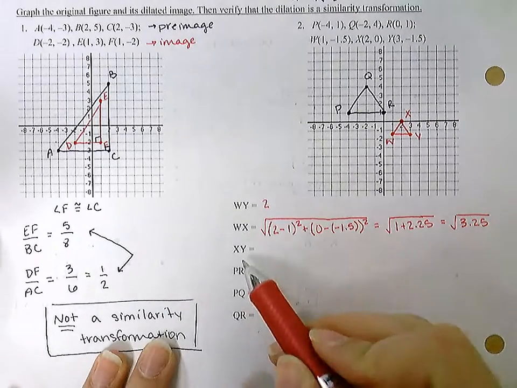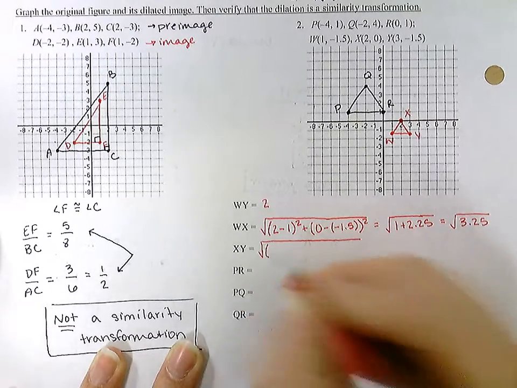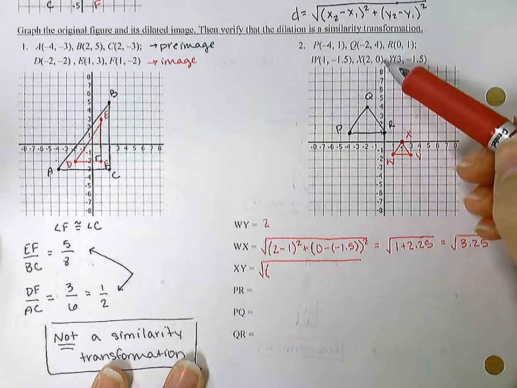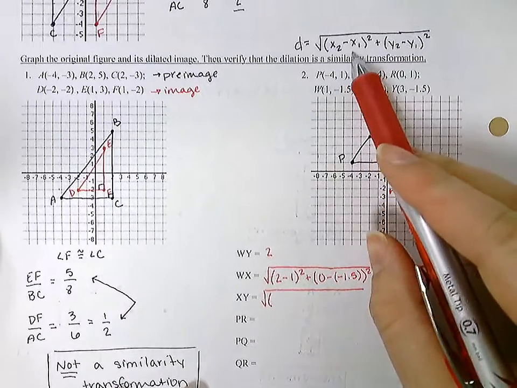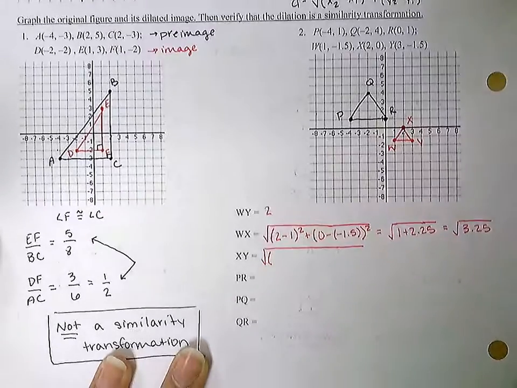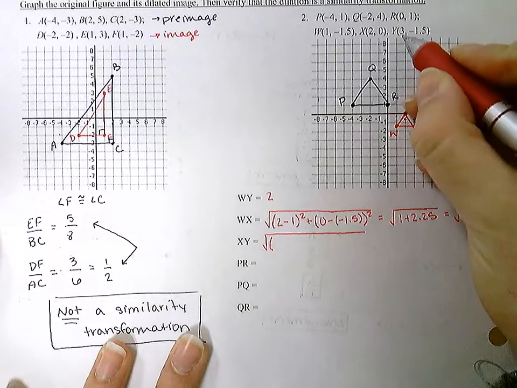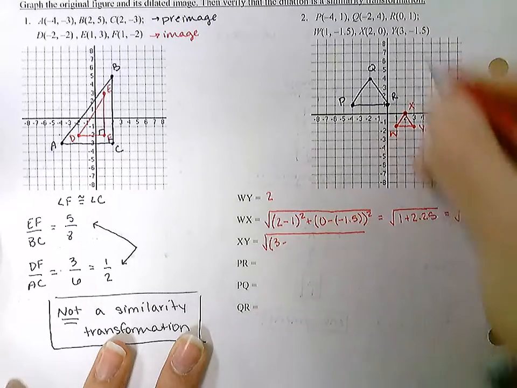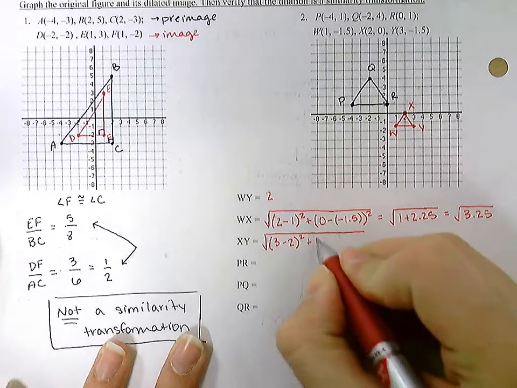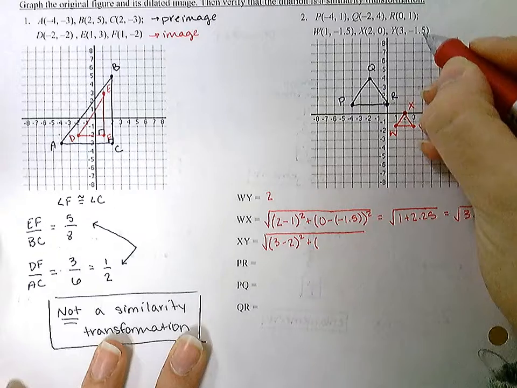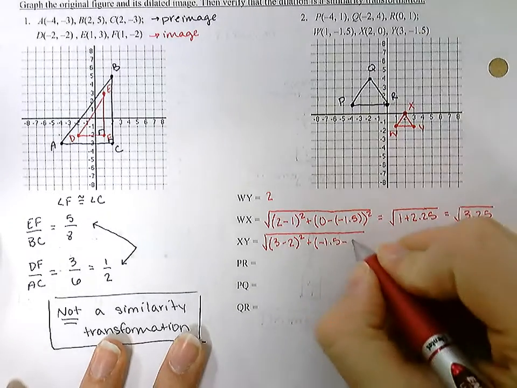Okay, we need to do the same thing with XY. So we have the square root, and this time I'm taking points X and point Y from above. Again, just plugging it into your distance formula here. So I have x sub 2 is 3, minus x sub 1 is 2, squared, plus y sub 2 is negative 1.5, minus y sub 1 is 0.